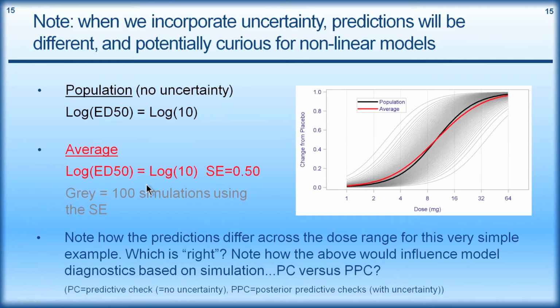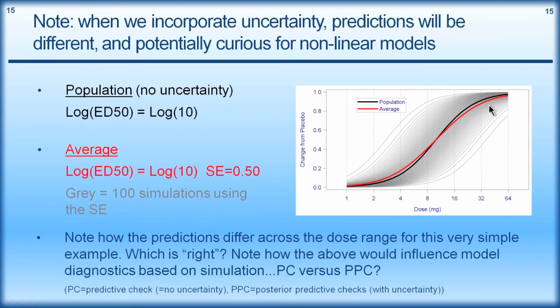However, if we think about what the simulation would generate if we took into account the standard error on this ED50, now we have 100 simulations with different values of the ED50, from low values through to high values. And if we average all these grey curves, we obtain the red line here.